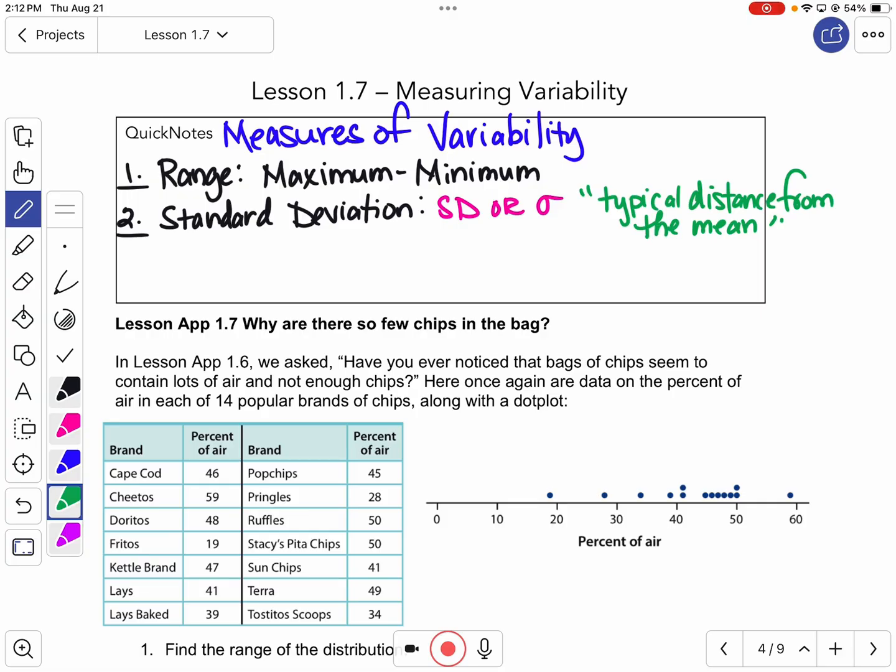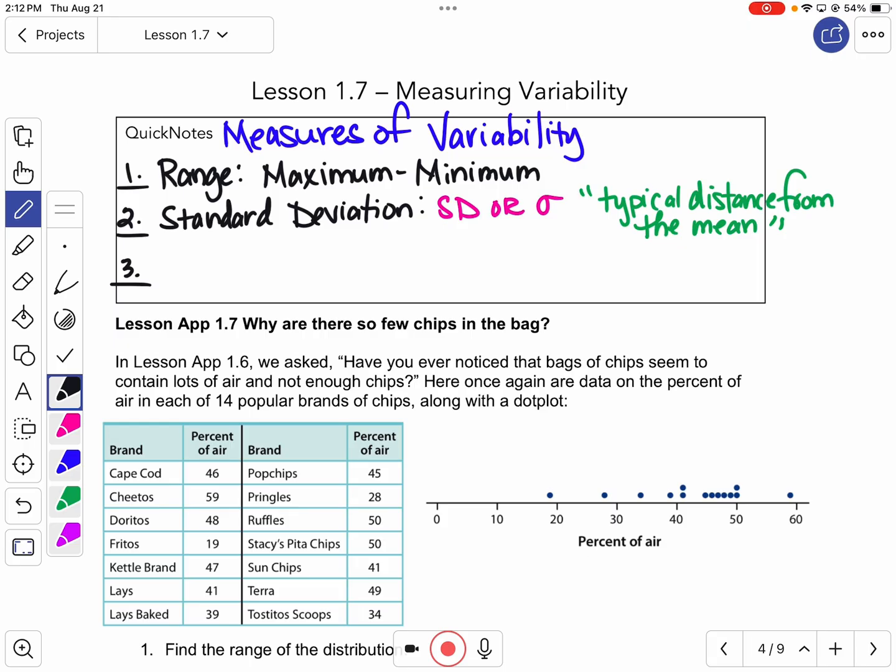So anytime you're doing one where there's a pull down and they ask you to explain or interpret SD or the standard deviation, it should always say typical distance from the mean. Those are the words you're looking for. Okay, typical distance from the mean.